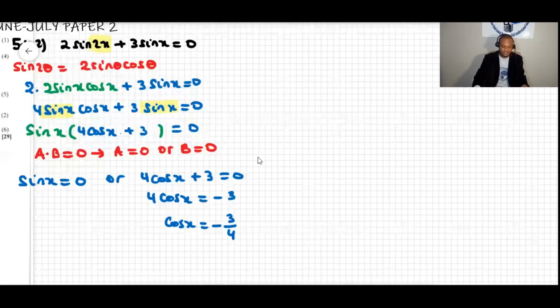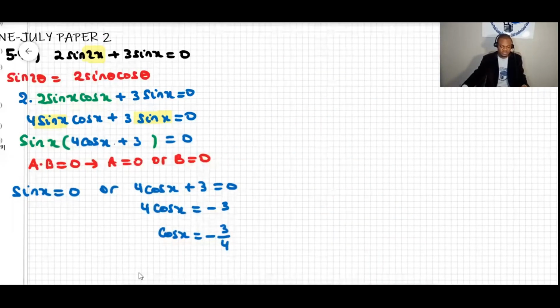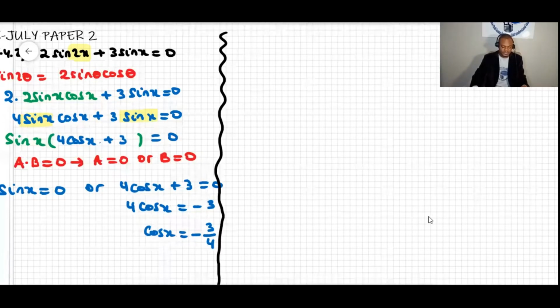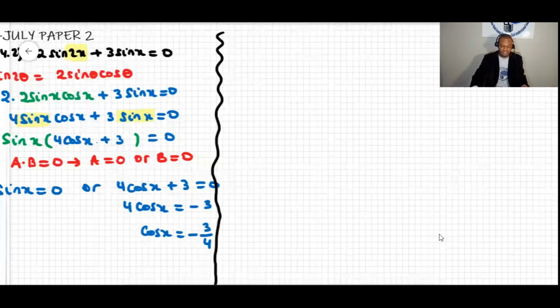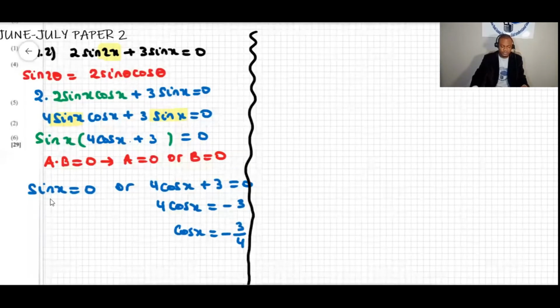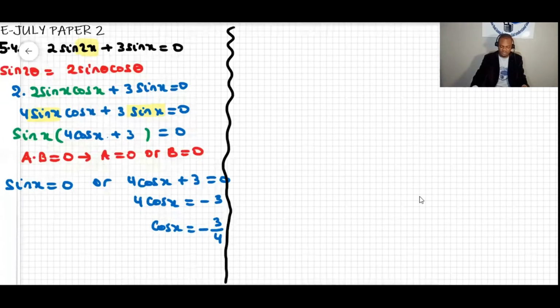Let me move this over. I want to split this whiteboard like that. So now we have sine x is equal to 0. We need to find the value of x for which sine x is equal to 0. Now, I prefer to do it over here.